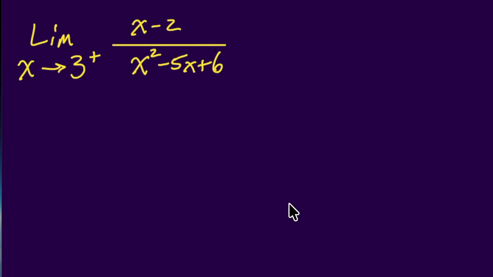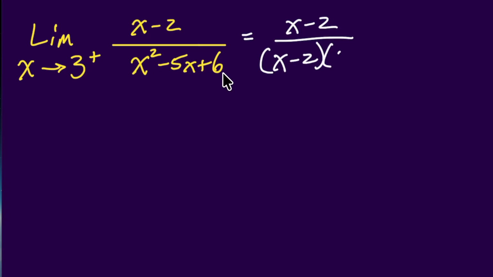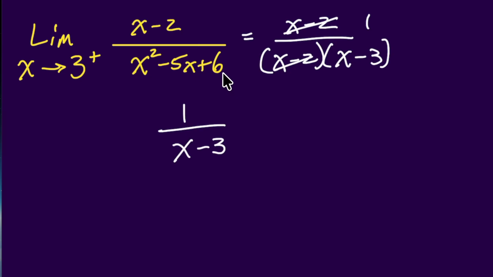Here we have the limit as x approaches 3 from the right of x minus 2 over this polynomial. We could go ahead and factor the quadratic equation down below and get x minus 2 times x minus 3. We can cross these two factors out, and we're left with the limit as x approaches 3 from the right of 1 over x minus 3.